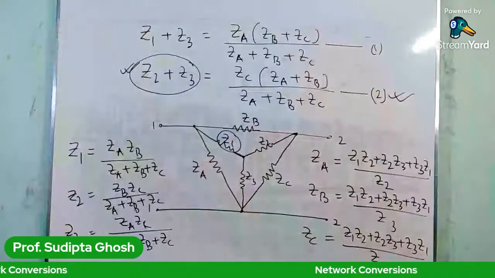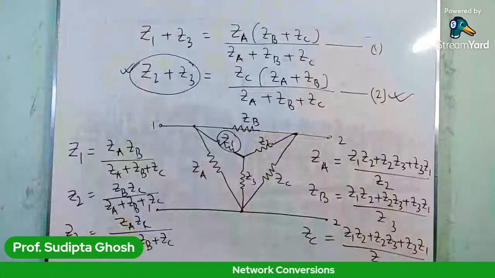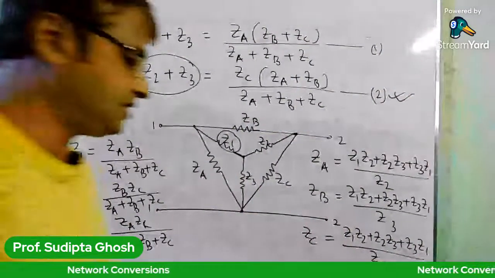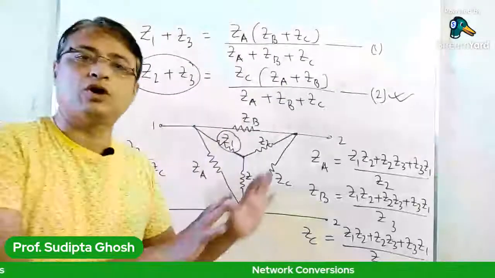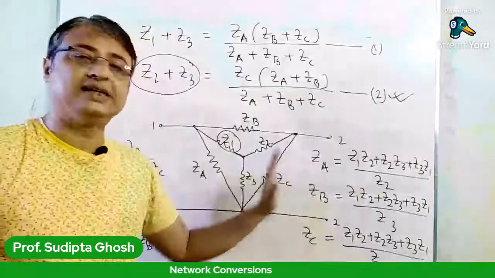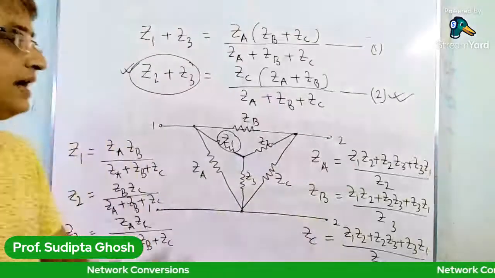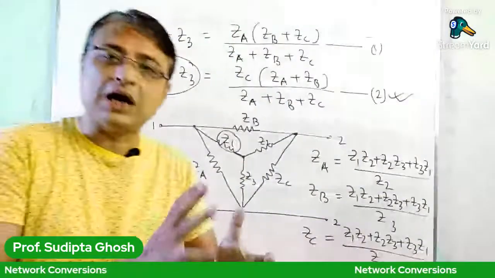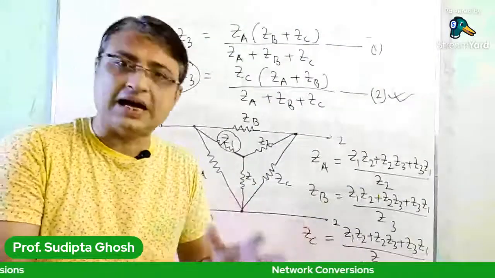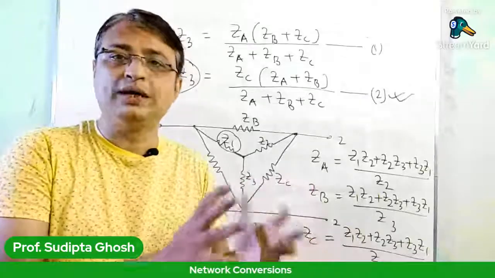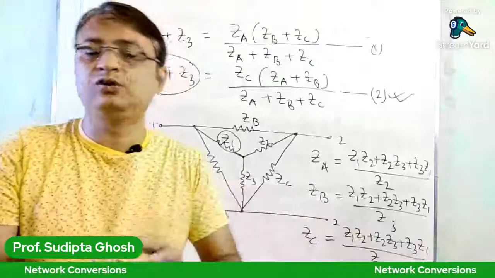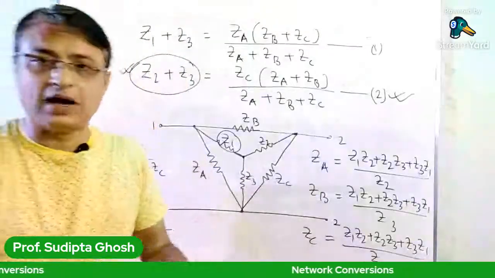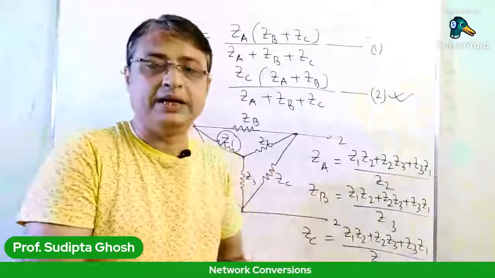So how to find out the denominators of these three equations? The numerator part remains the same for ZA, ZB and ZC, and it is only the sum of the products taking two impedances at a time. So it is Z1 Z2 plus Z2 Z3 plus Z3 Z1, and now comes the denominator part.